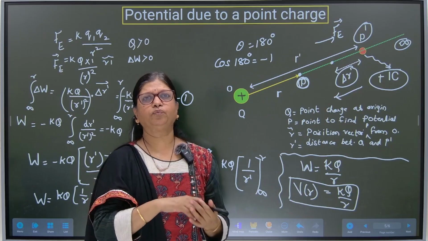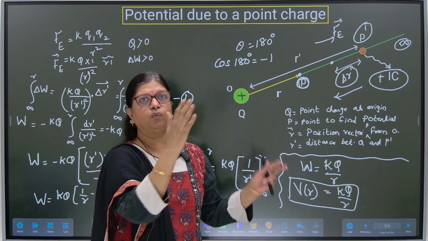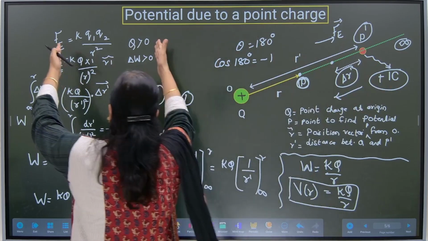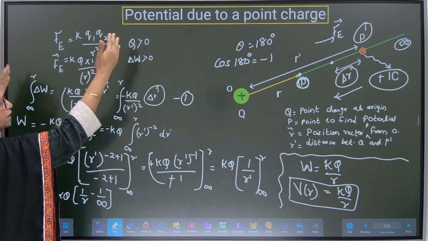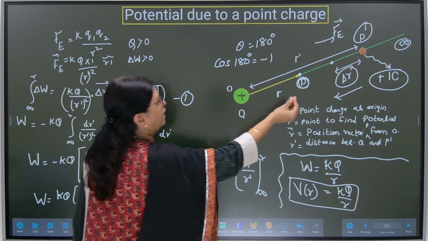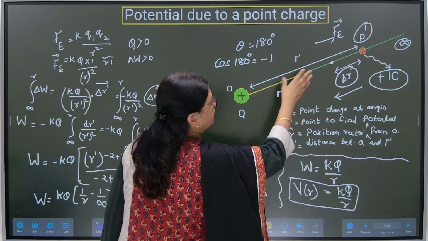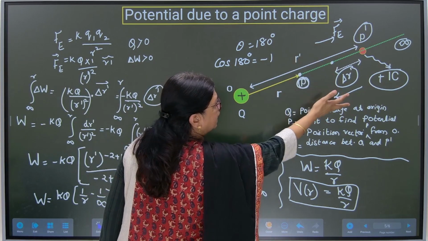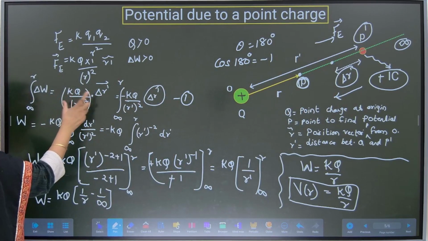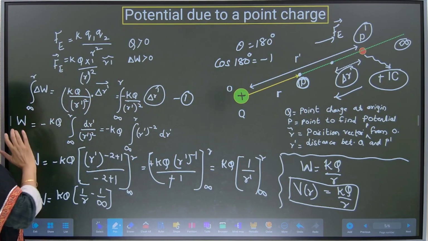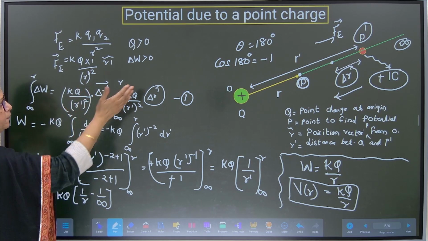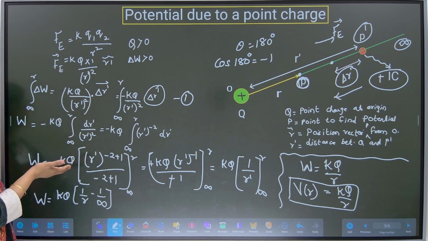Clear? Now, quick revision. What is the force between these two charges? Written here. What is the small distance we are bringing? Delta R. What is the angle between the force and delta R? 180 degrees. So the work done is a dot product of force and displacement. I wrote here a negative symbol because delta R is opposite to the force.